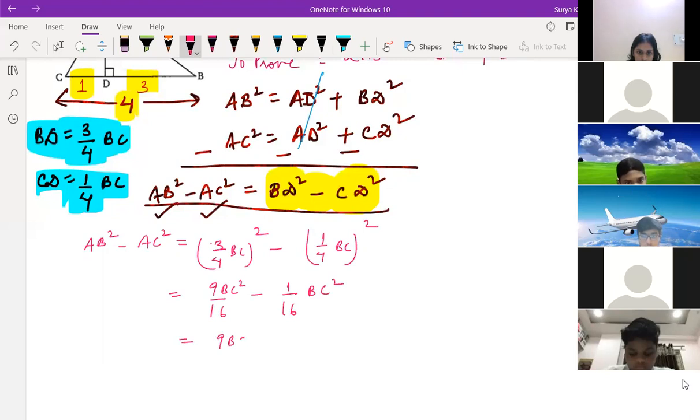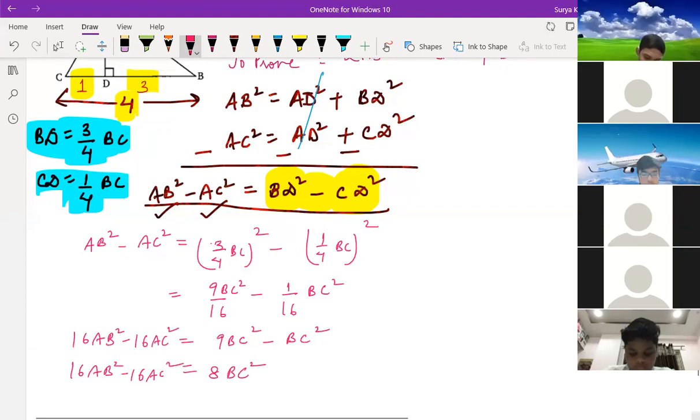So 9 BC square minus BC square, and here we'll get 16 AB square minus 16 AC square. What is coming here? We are making a mistake somewhere. This is 8 BC square, right? This is 16 AB square minus 16 AC square.